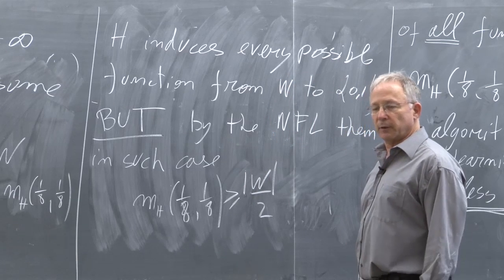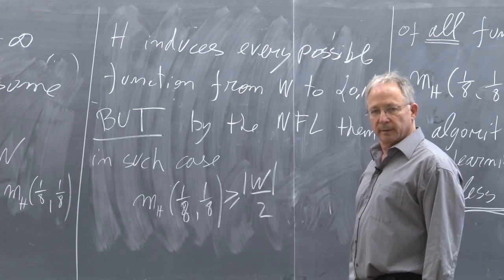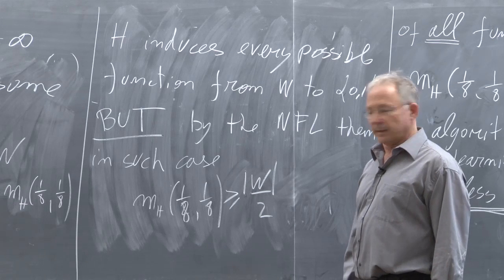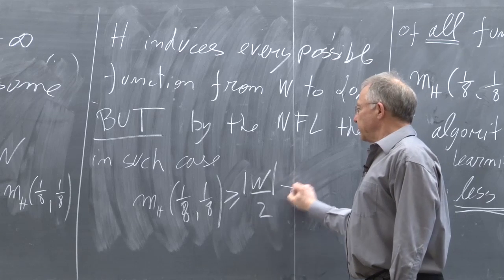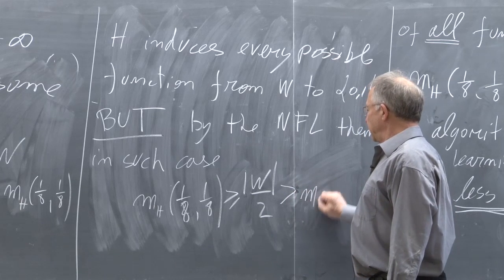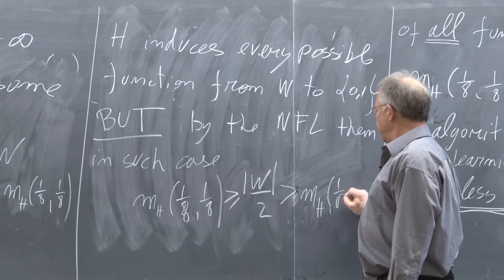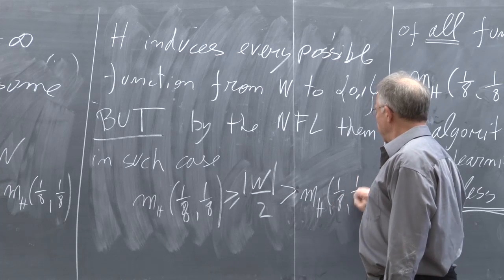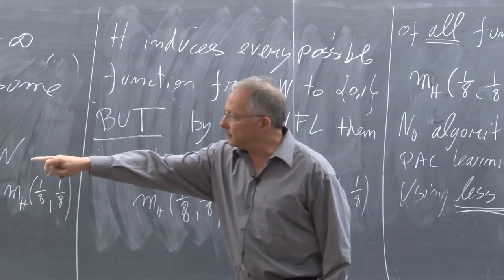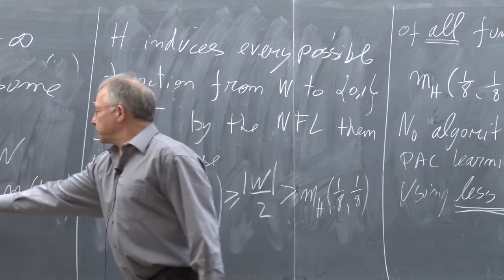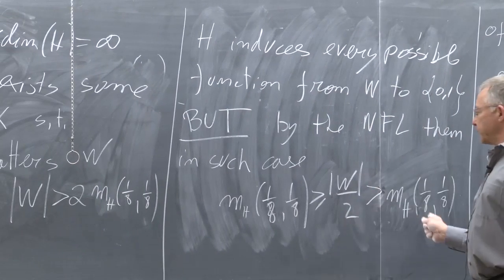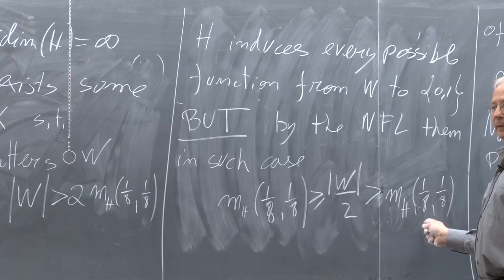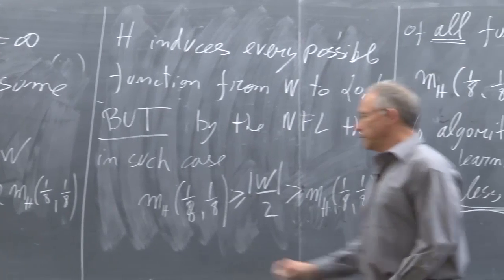That was the no free lunch theorem. But W over 2 was greater than m_H of 1 over 8, 1 over 8. That's how I picked W. I picked W greater than twice this, so W over 2 is greater than this. So we got a contradiction.